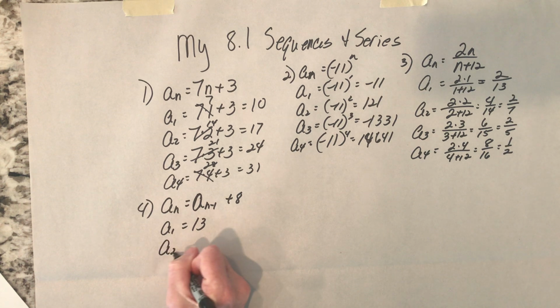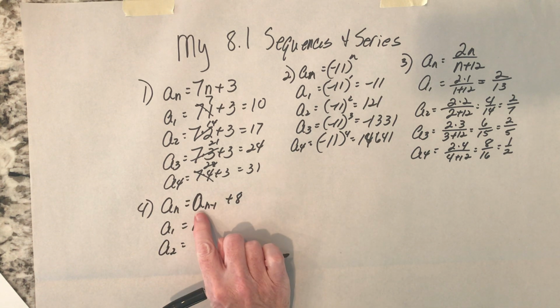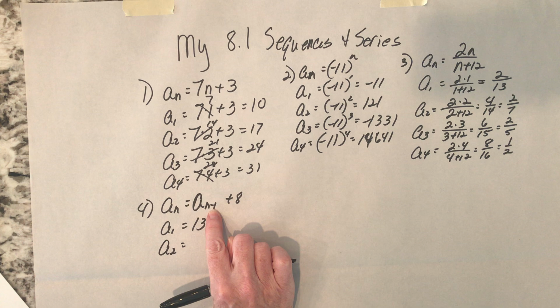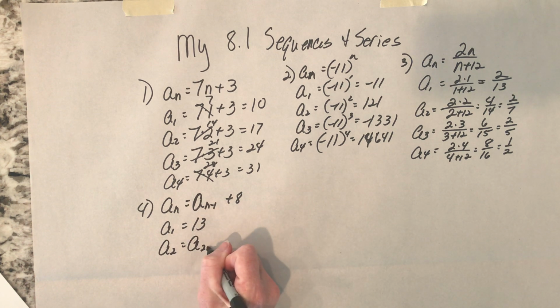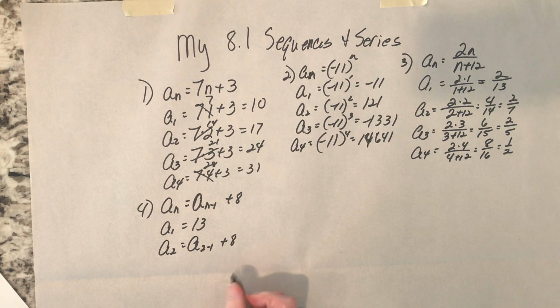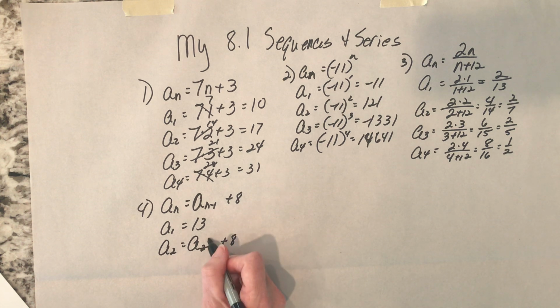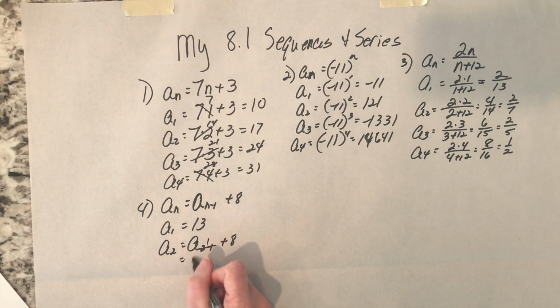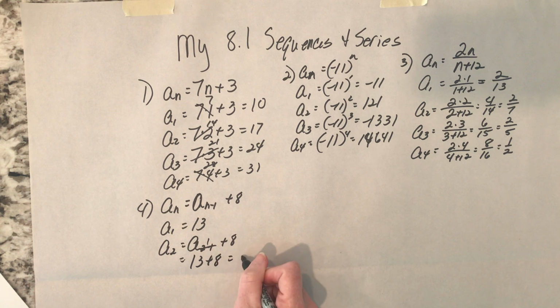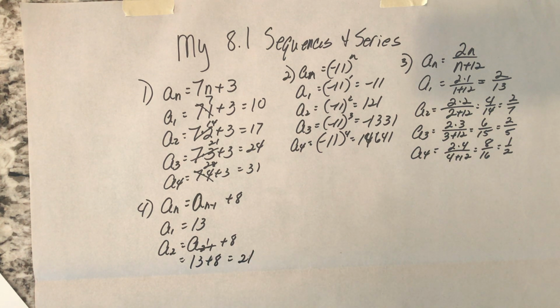So when we go and do a sub 2, we're looking for a sub 2 minus 1 plus 8. This a sub 2 minus 1, that's a 1. So you're grabbing the previous answer and adding 8 to it. And so we get 21 out of that. So a sub 3 is going to be a sub n minus 1, which is 3 minus 1. 3 minus 1 is 2.